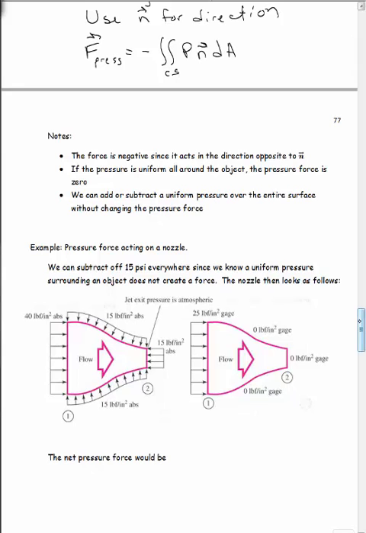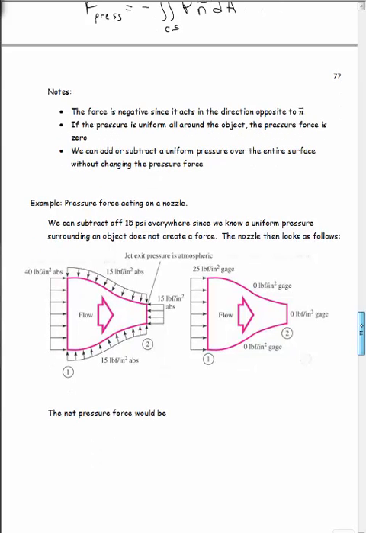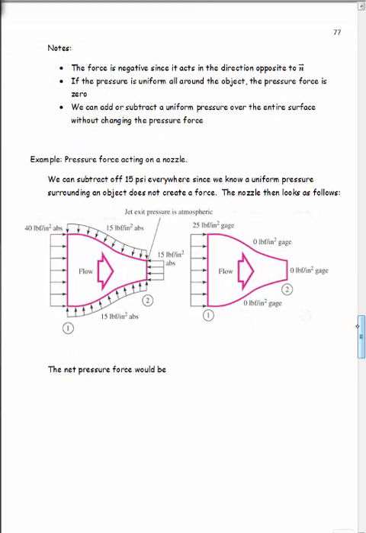Okay, if the pressure is uniform all the way around that object, we're not going to get any pressure force at all. And also we can add or subtract a constant pressure over our whole control volume as well. So if, for instance, we have atmospheric pressure acting on part of our control volume, we can just subtract atmospheric pressure from everything and end up using gauge pressure, just like we did in the curved surface and flat surface type of problems.